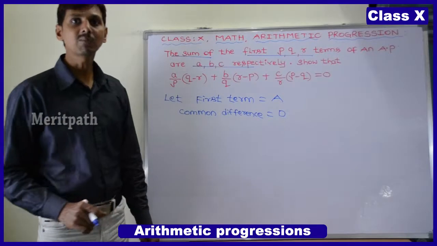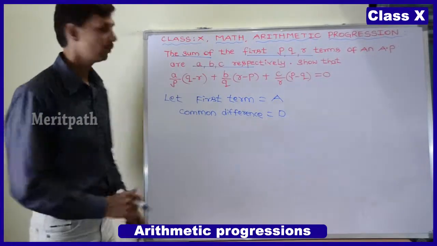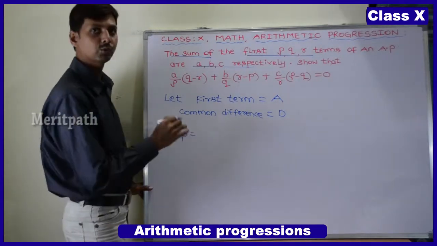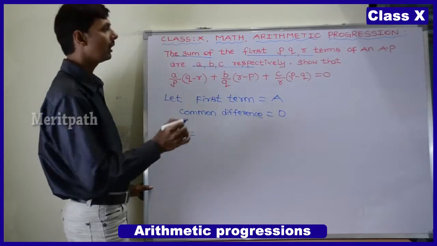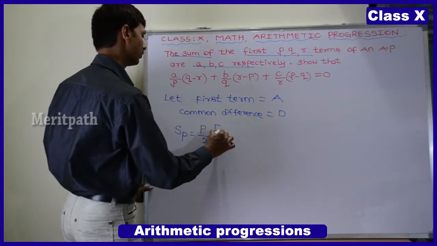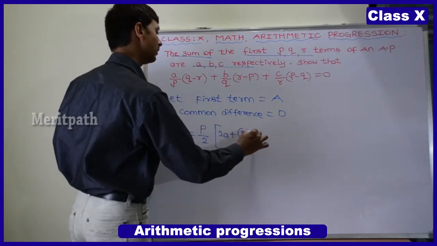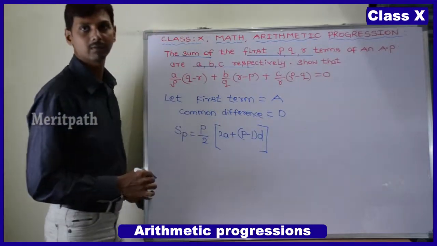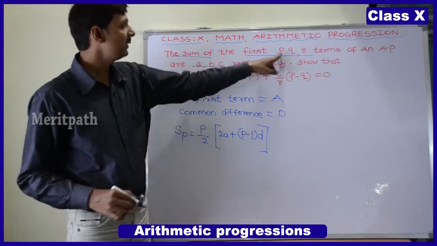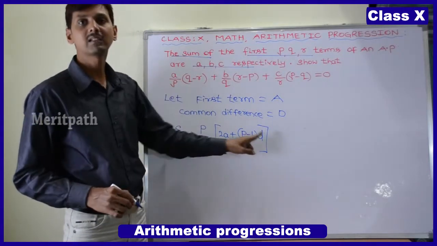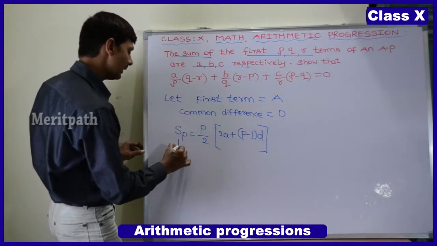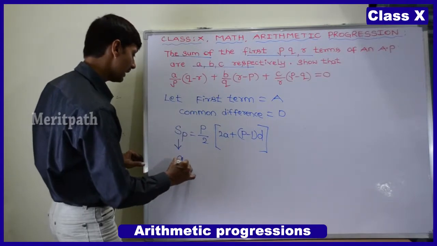So we need to find the sum of P terms, so Sp = n/2 [2a + (n − 1)d] is the formula. We substitute P in that place: p/2 [2A + (p − 1)D], because the sum of P terms is small a.